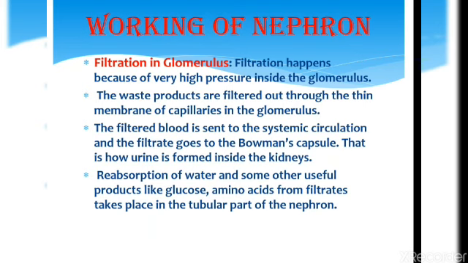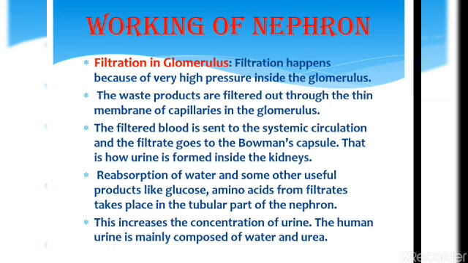In this, most of the water, glucose, amino acids are reabsorbed back into the blood. Now what is left is called urine. It mainly consists of water and urea and it is in the concentrated form.